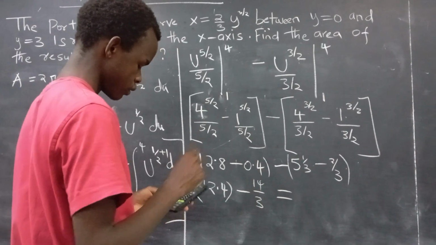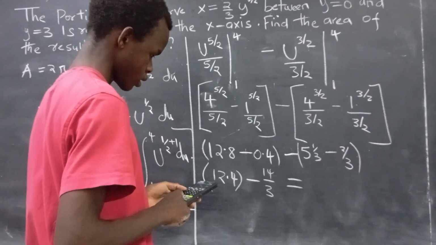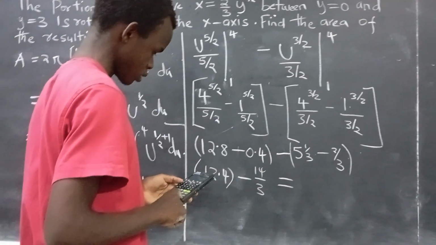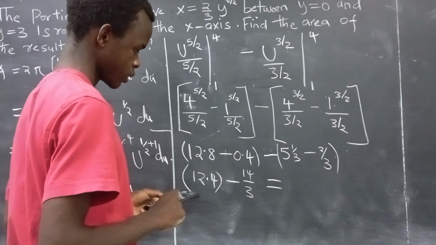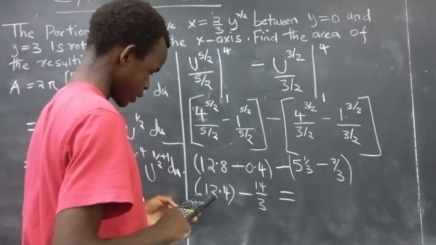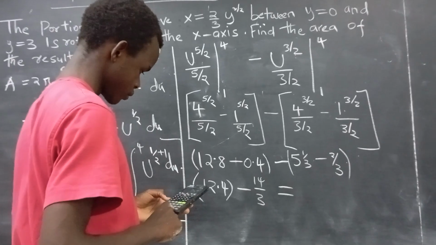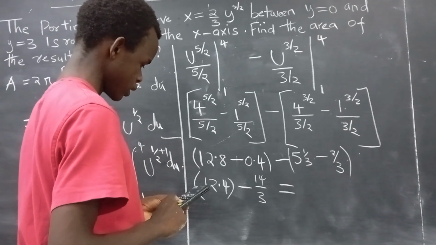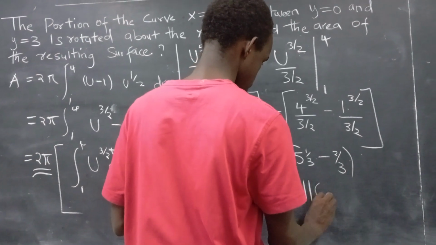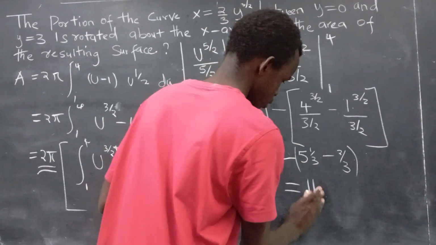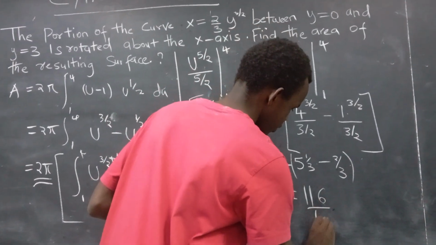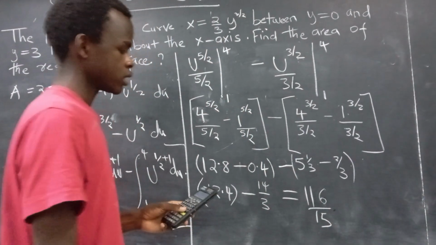It's 16 over 3 minus 2 over 3, it's 14 over 3, so it will be 12.4 minus that answer. I'll get my answer as 116 divided by 15. Okay, so that's my answer.